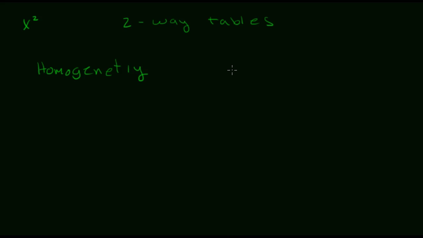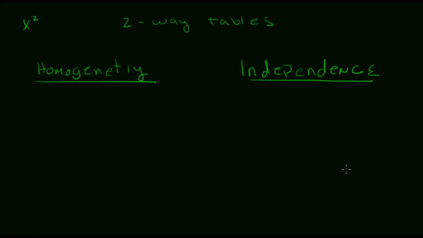Probably spelling that wrong. I'm going to leave it there. And the other one is to establish independence. These are really like two sides of the same coin, but they're slightly two different situations.